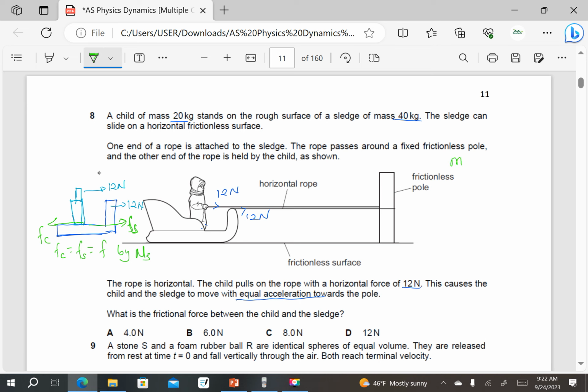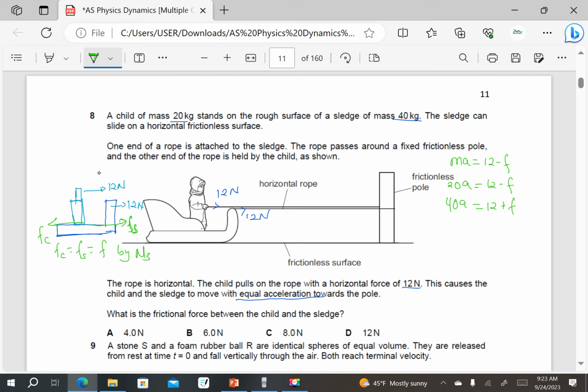The resultant force is given by Ma, which is equal to 12 newtons minus F. So for the child of mass 20, 20 times its acceleration a is equal to 12 minus F. Then if I consider the sledge itself, and I use the same expression, the mass is 40, the acceleration is the same a, then the force on the sledge will be 12 newtons, but remember the friction Fs is actually in the same direction as the 12 newtons for the sledge. So this is going to be plus F.